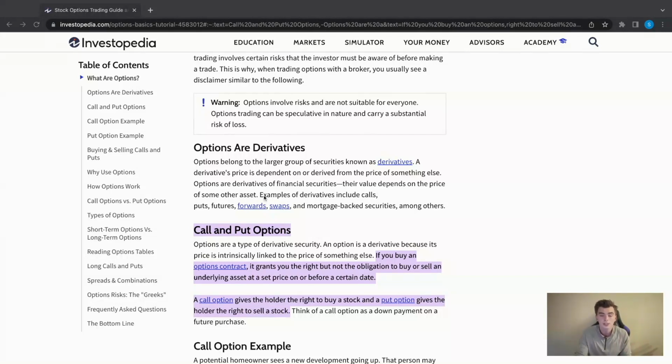For put options, you are buying the right to sell. You can think of put options very similar to buying insurance against an already existing stock position, because when you are buying puts, you're buying the right to sell 100 shares on or before a specified date at a specified price. An example: let's say you hold 100 shares of stock trading at $100, and you're up a decent amount on this position.